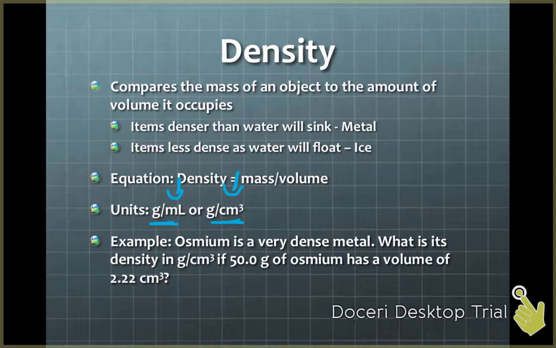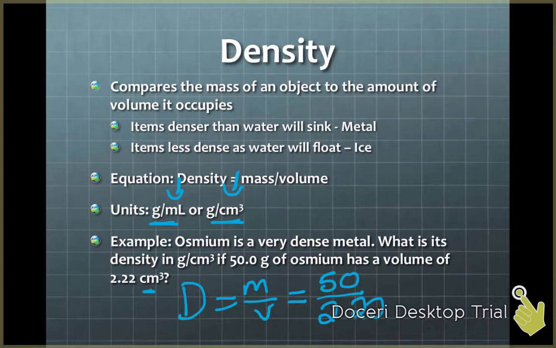So if we have osmium, which is a dense metal, we're going to try to figure out its density. We have 50 grams of this. It's a solid because we can see that it's in centimeters cubed, so we have a cube of osmium. Density is equal to mass divided by volume. Our mass is 50. Our volume is 2.22.